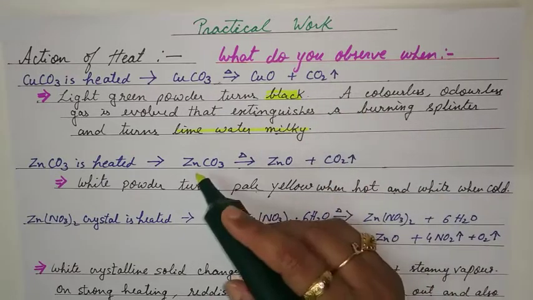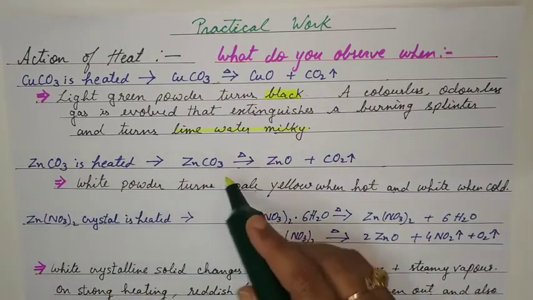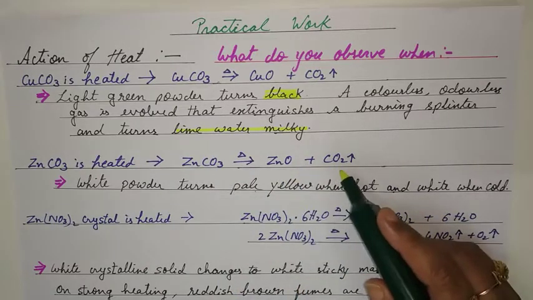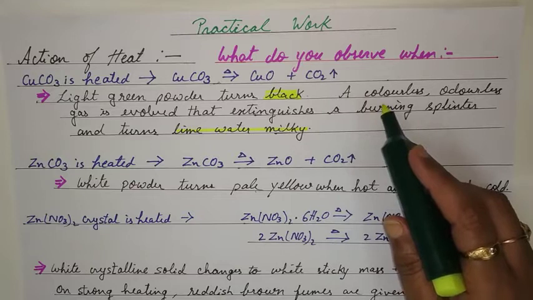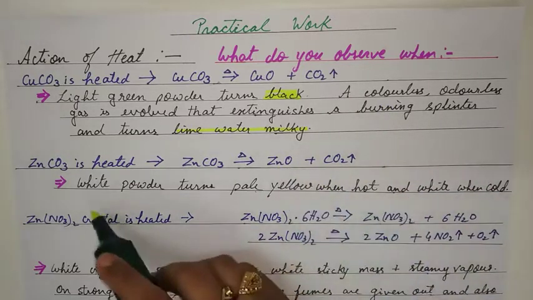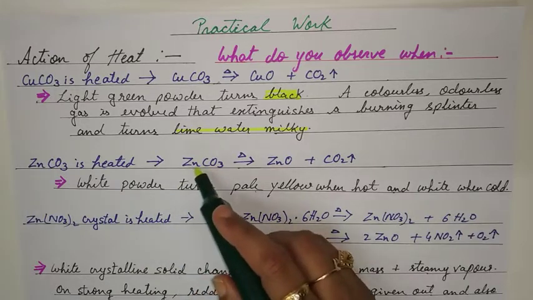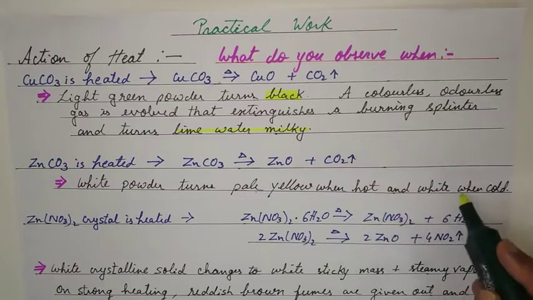The next type of question, what do you observe when zinc carbonate is heated? So we know that we get zinc oxide and carbon dioxide. So we know about CO2, which we have written down here, therefore I have not repeated. Now we are going to talk about zinc oxide. The white powder, that is the reactant, turns into pale yellow when hot and white when cold.